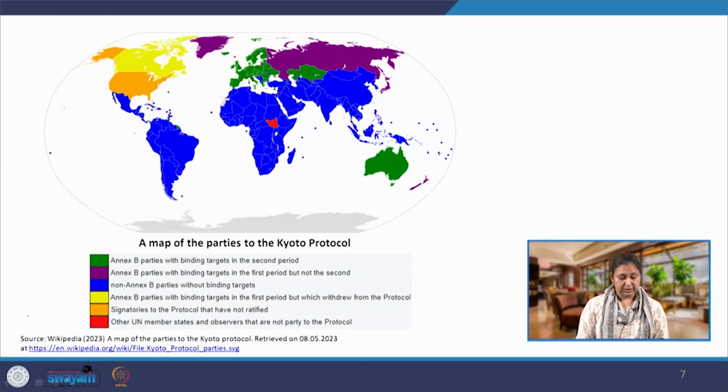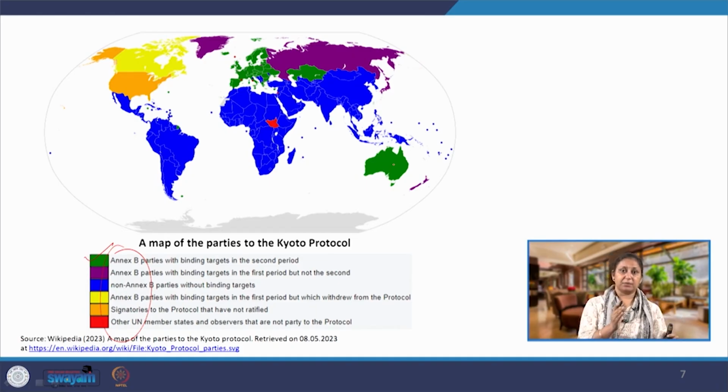If you look at this and remember the different annexes, you can see different annexes. Here we can see that the ones in green are the Annex B parties with binding targets in the second period. Kyoto Protocol had two periods, 1997 to 2012 and 2012 to 2020. These are the two binding periods.